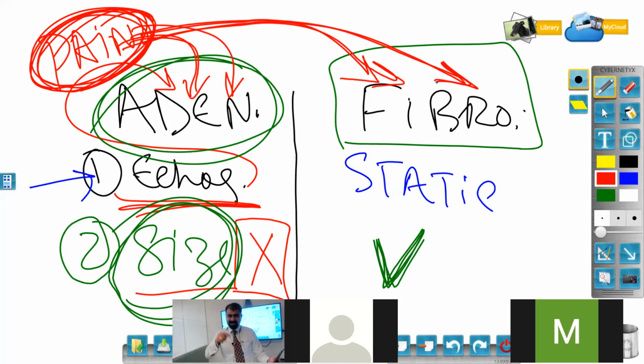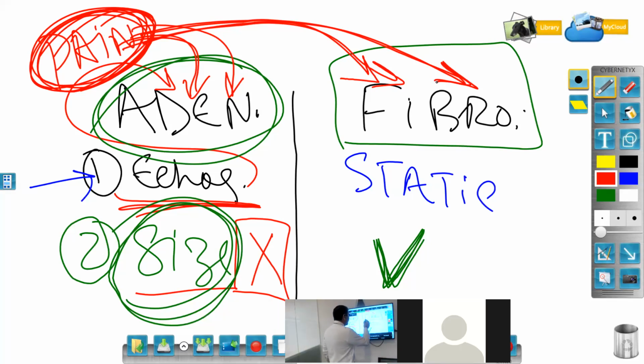We know that cyclic pain will not be there. What type of pain will be there? Dr. Komal, very good. And others are also now coming. Dr. Chetan also, very good. Dull pain. Now I am adding one more point, dull and persistent pain. In case of fibroid, we will be having dull and persistent pain.